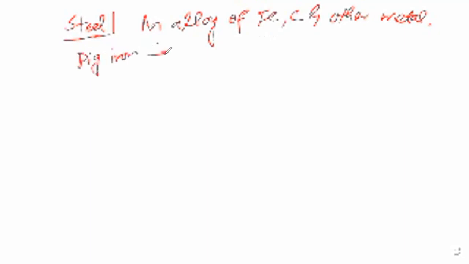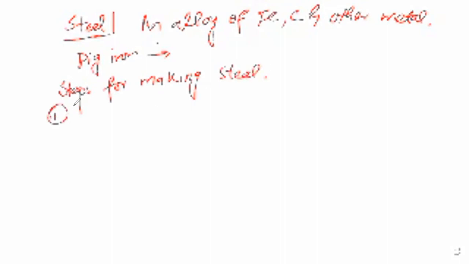But before making steel, we have to convert it. Here we are going to discuss which steps we have to go through when we make steel. The first step is removing impurities by oxidation.